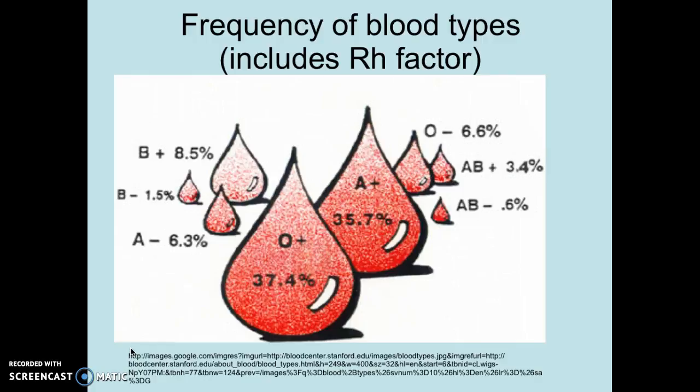O negative, the universal donors, have a very small percentage, less than 10%. Notice that AB negative is by far the rarest, with less than 1% of people having it. And they are considered the universal recipients. They can receive all kinds of blood. Excuse me, that would be the AB positive. I apologize.